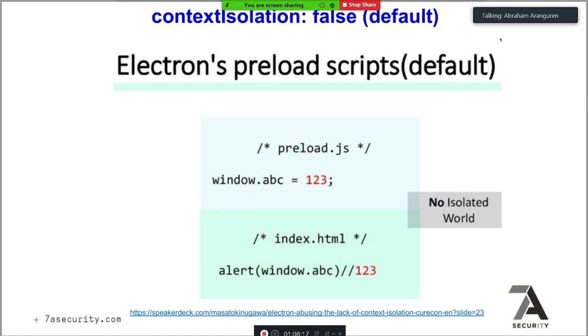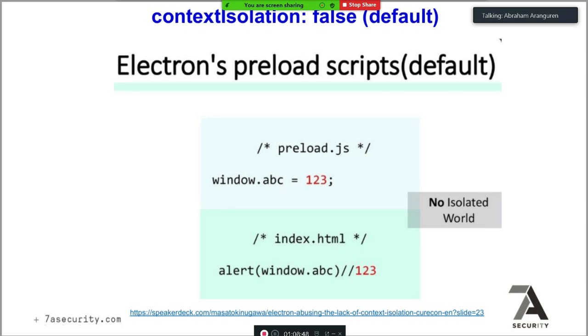If you set node integration to no, and you have an XSS on index.html, which is run by the renderer process, you will not have the ability to get code execution. But if there is no context isolation, you can still do some stuff to attack the preload script. So this is what we're going to look at.